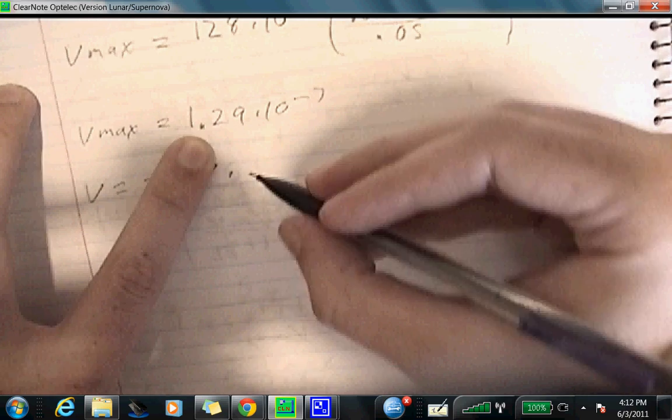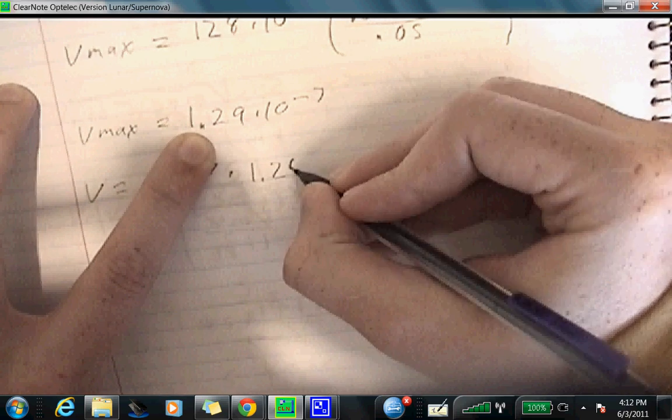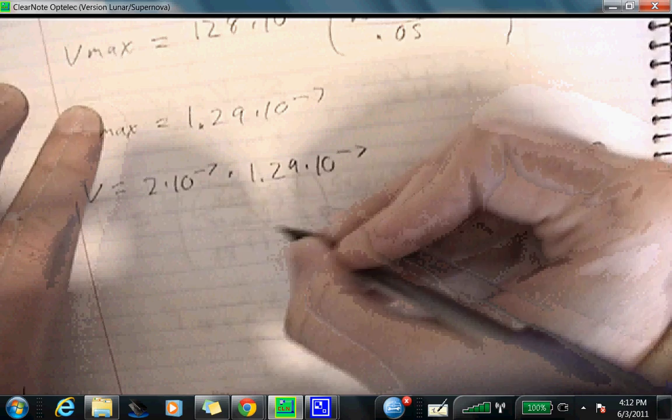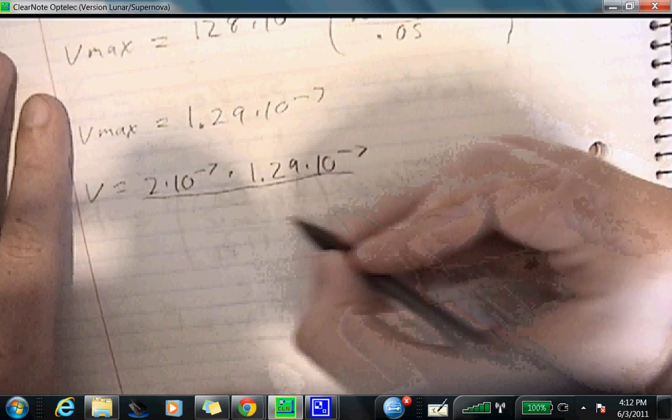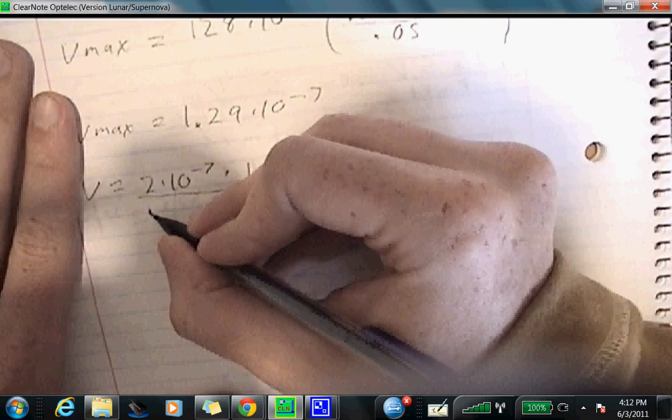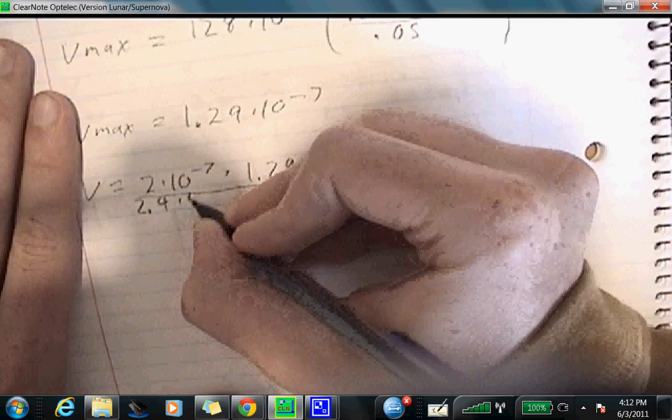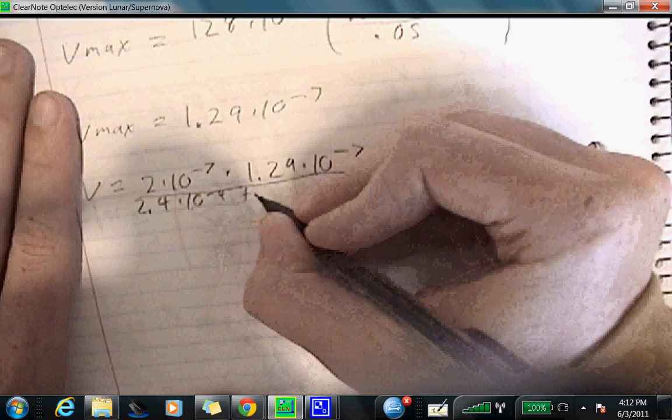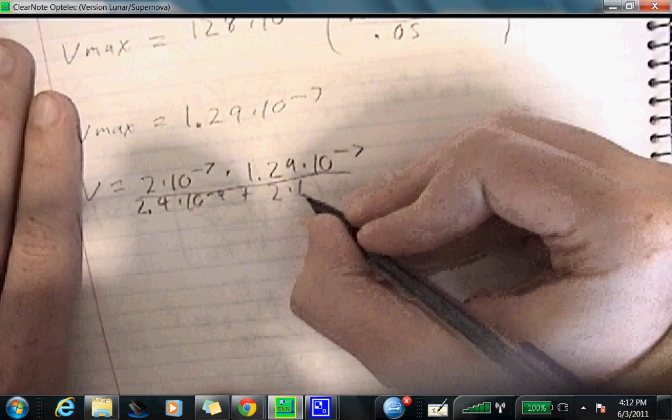This is 1.29 times 10 to the negative 7th divided by 2.4 times 10 to the negative 4th plus 2 times 10 to the negative 7th.